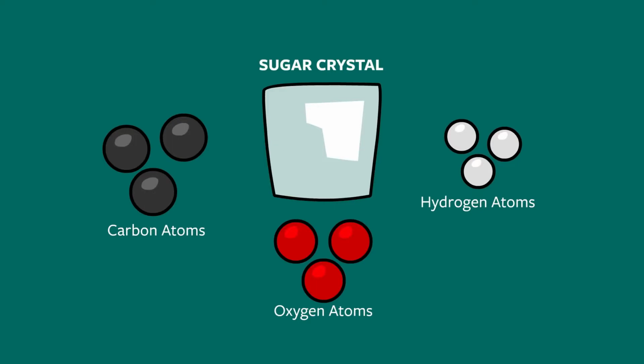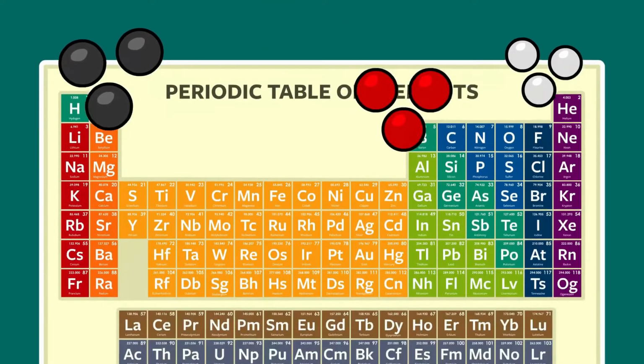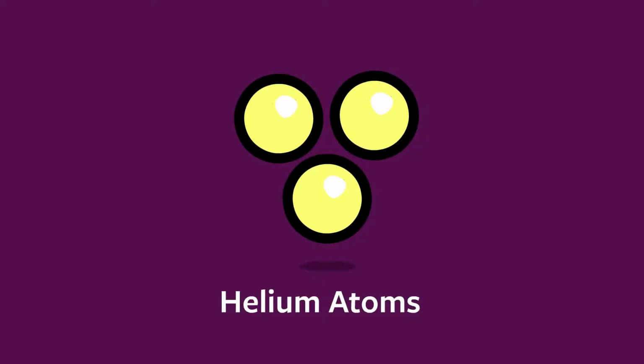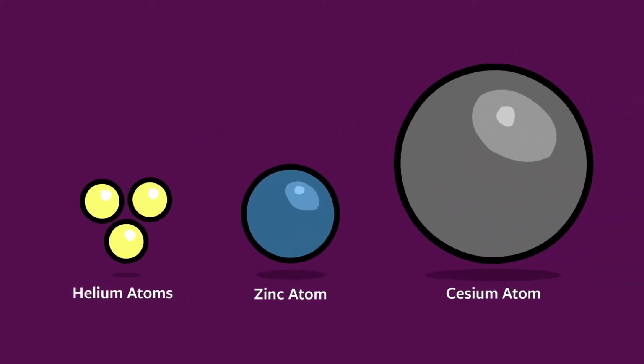And as we have already discussed, there are in total 118 different types of atoms of 118 different elements that we have discovered so far. Then slowly, with the passage of time, we understood that atoms of a single element are similar to each other but are different from the atoms of other elements.